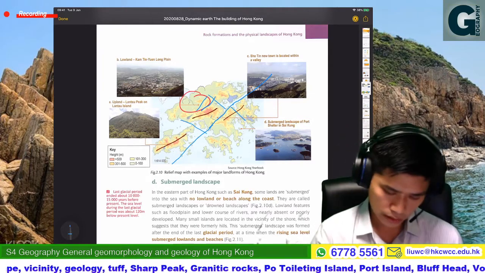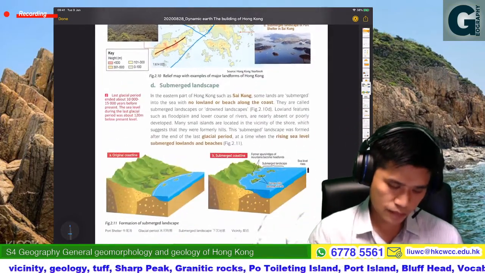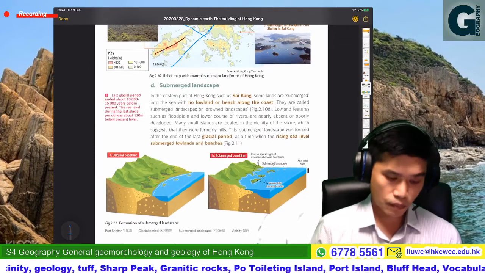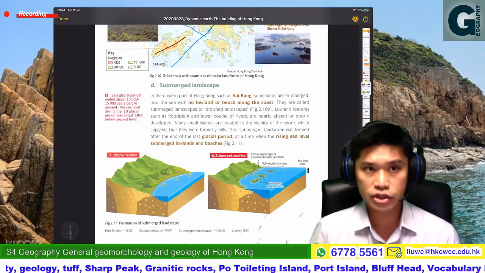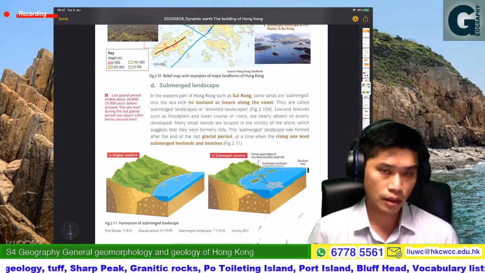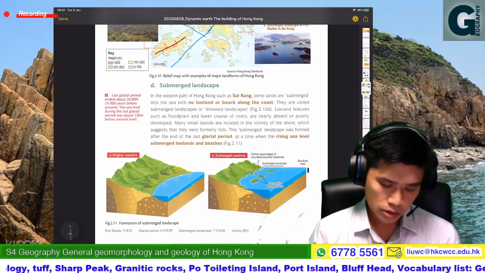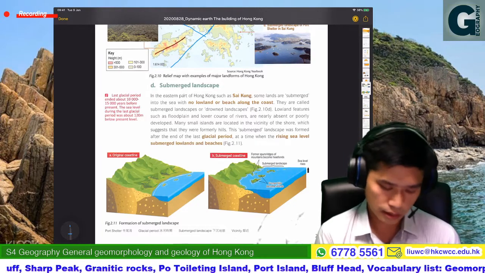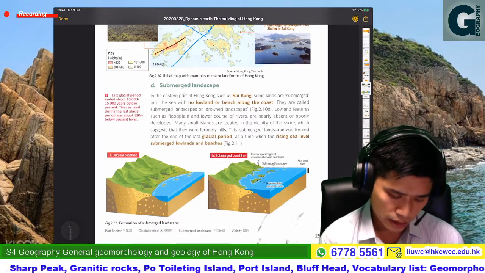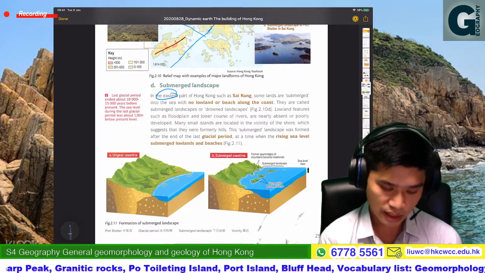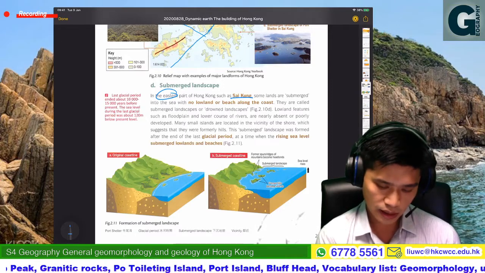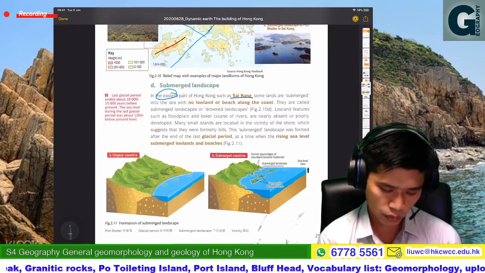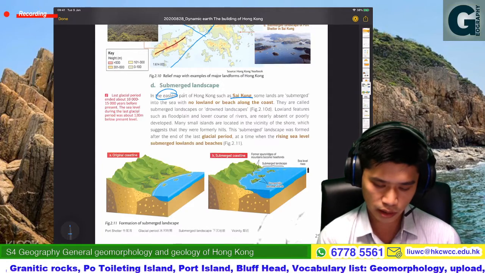And then the last type of landscape that is what we call the submerged landscape. Okay, in Chinese 下沉地貌啦。So what does that mean? So before I explain this, we should know that in the eastern part of Hong Kong, such as Sai Kung, some lands are submerged into the sea with no lowland or beach along the coast.